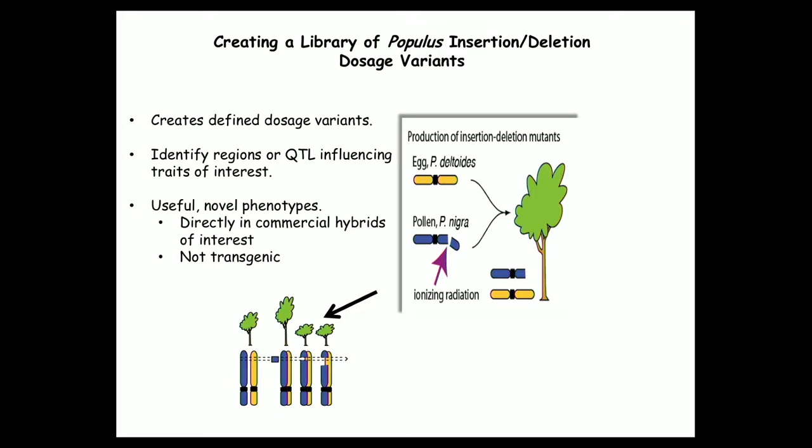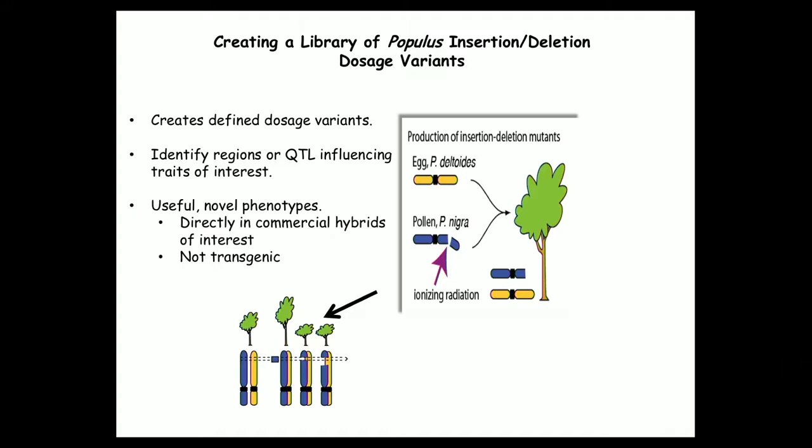But in this case, we took the pollen and we treated it with gamma irradiation to cause chromosomal breaks. Now, the reason that we're doing this is to try to create structural variation. Importantly, this is not transgenic, so we can actually do field trials with these individuals. And you could also use the same approach in commercial hybrids.